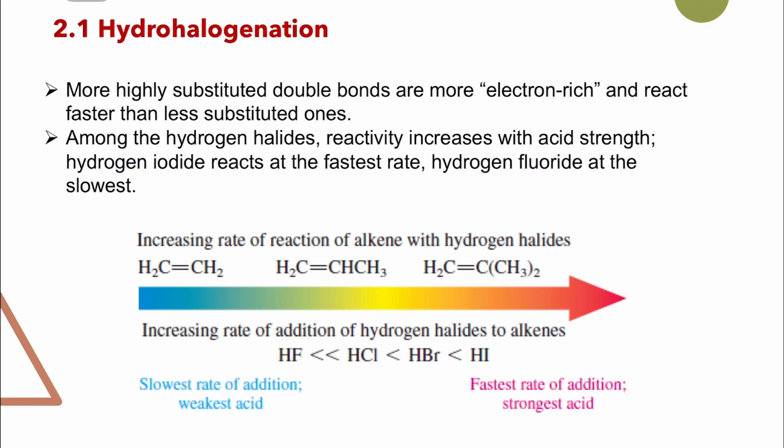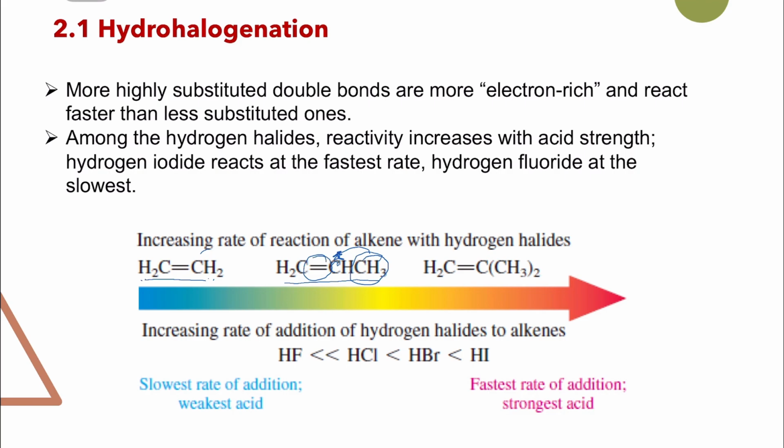So if you have something like ethylene, it doesn't have any substituents. It's all hydrogen. But if we have propene, this carbon here has a methyl group. And the methyl group has a tendency to give electrons towards this double bond. So this double bond here will be more electron rich, so it's going to be more reactive.